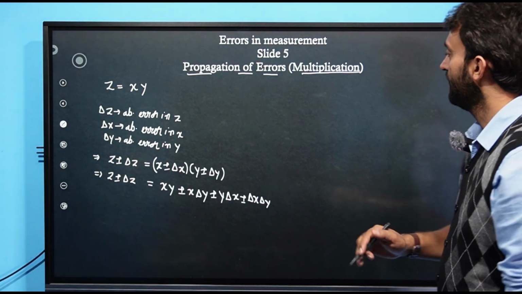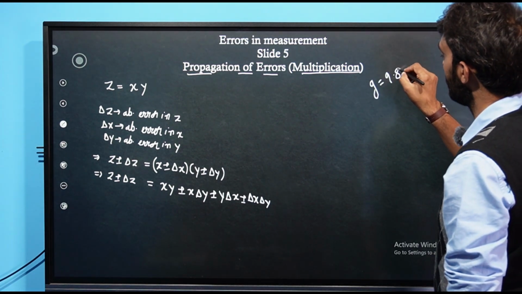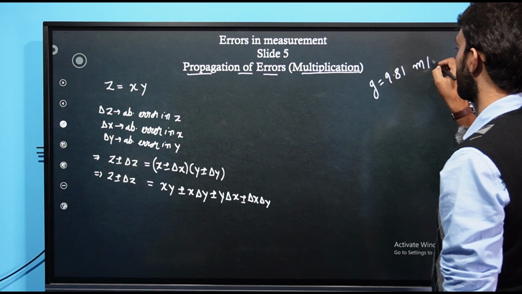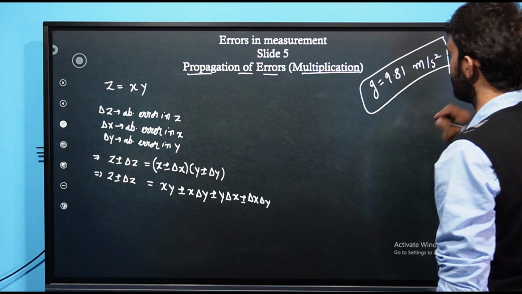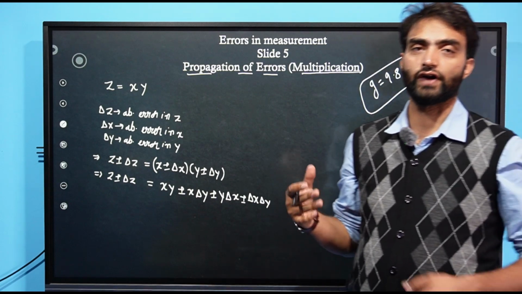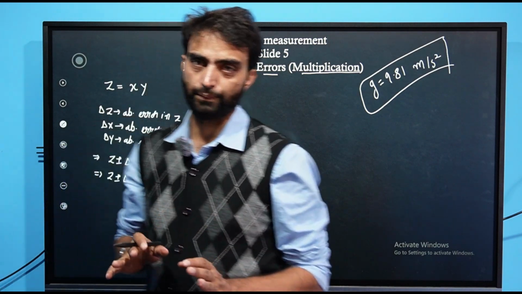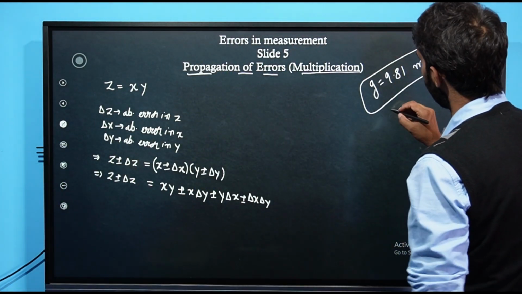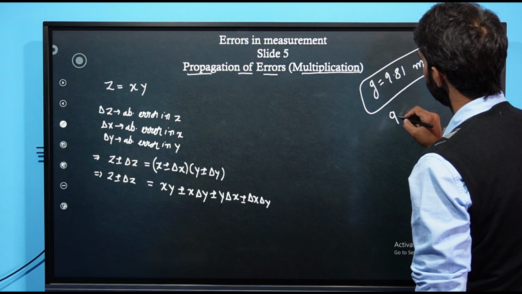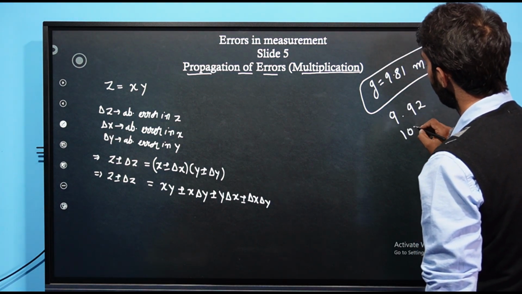For example, the value of g is 9.81 meter per second square, okay, this is the standard value of g on the surface of earth. So when you calculate this value of acceleration due to gravity using a simple pendulum, for example, you get a value of, let us suppose, 9.92 or 10.01.